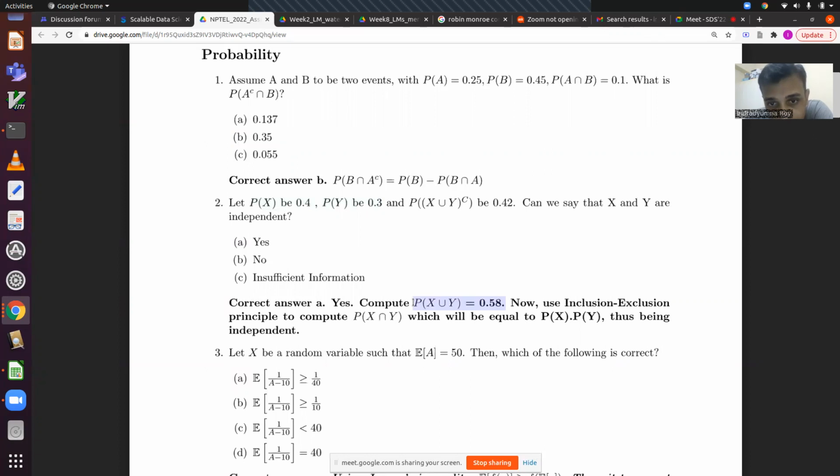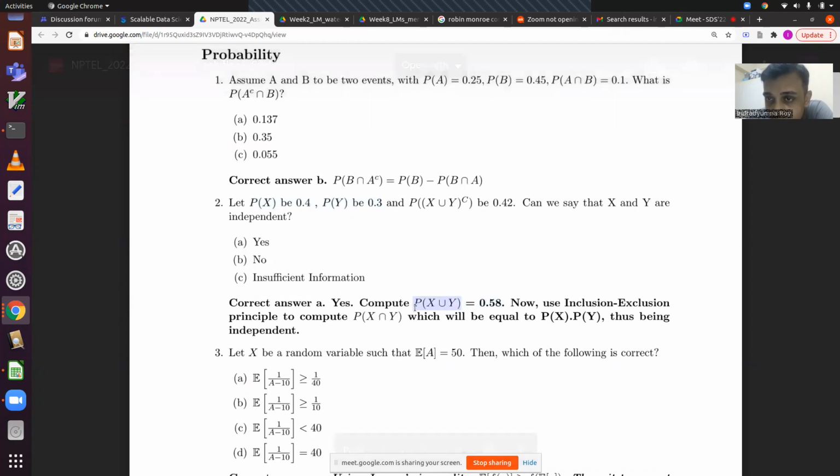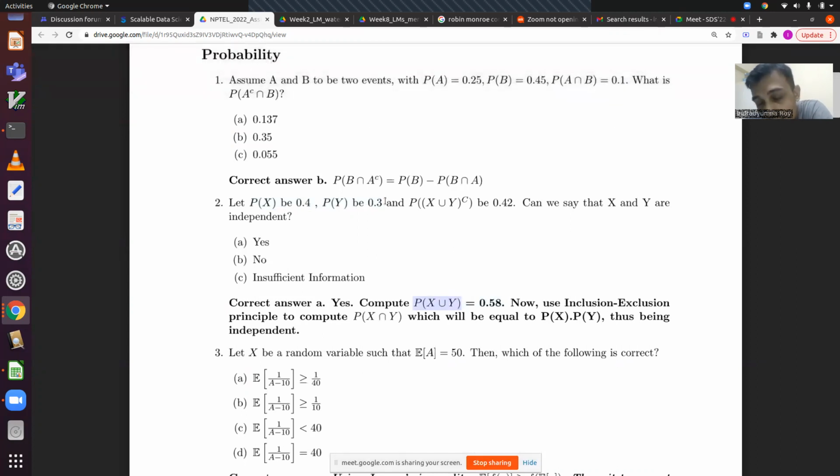Right? You are convinced. Now, X union Y, there is that well-known formula: X plus Y minus X intersection Y. So X plus Y minus X union Y will give you the intersection. So 0.4 plus 0.3 is 0.7. 0.7 minus 0.58 will be 0.12, right? So X intersection Y is 0.12.